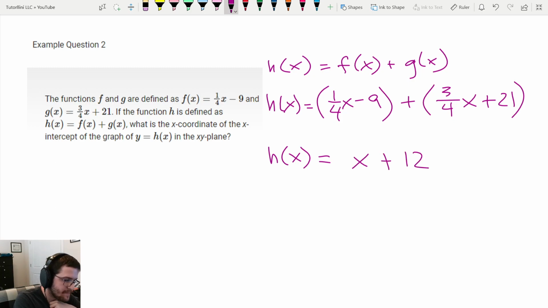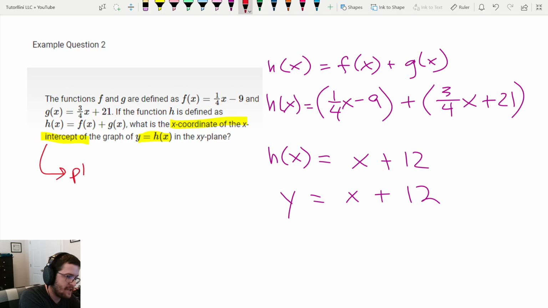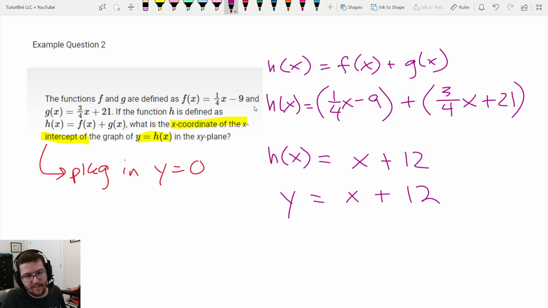And just to make this next part easier to see, I'm just going to rewrite this as y equals x plus 12. And they want us to find the x-coordinate of the x-intercept. So to find an x-intercept, you plug in y equals 0. And to find a y-intercept, you plug in x equals 0.